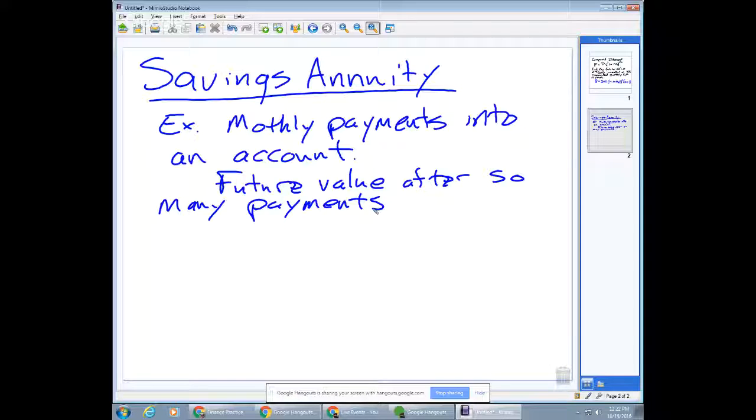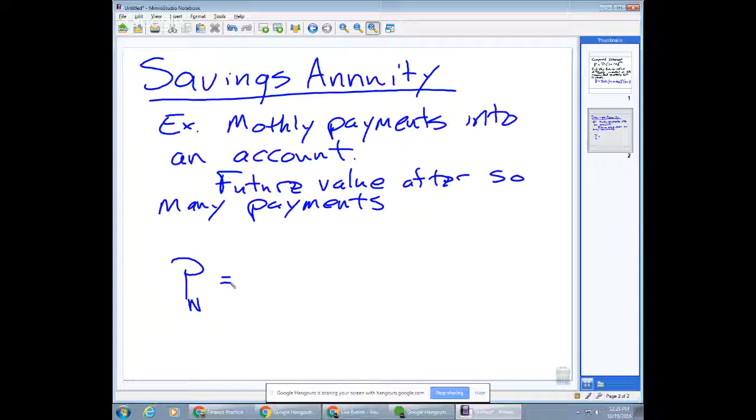And the way the book lists the formula is they call the future value P with a capital N next to it. And that means what's the value after N years. And to get that, they call D the payment that we make each month.